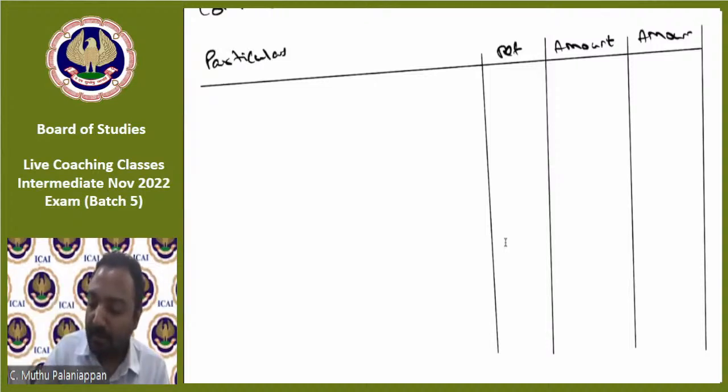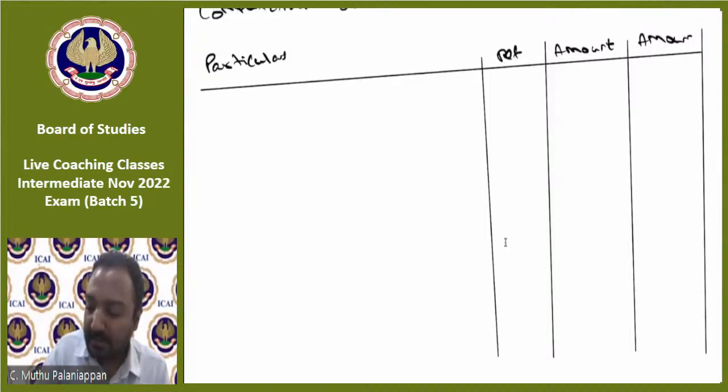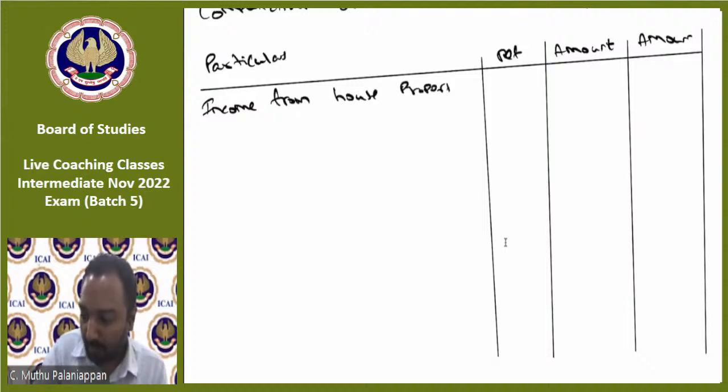The summary method will give you the first head, income from house property. We'll solve this in the first schedule. Then you will have income from profession. We'll solve this in 2.